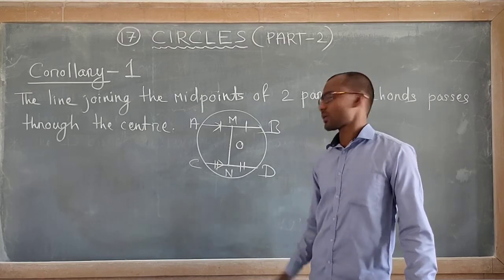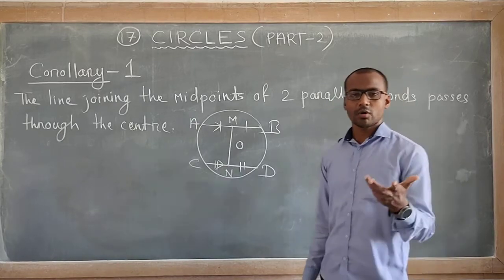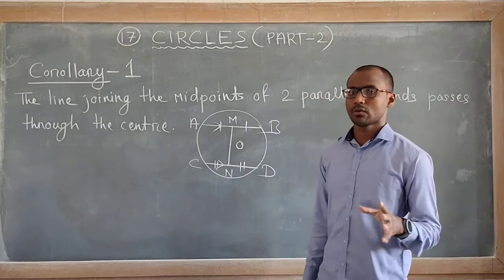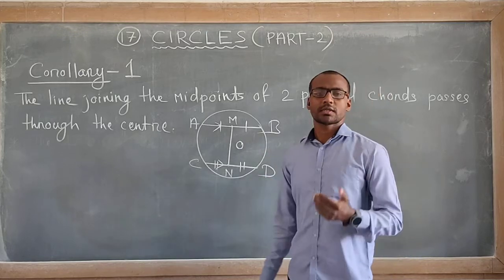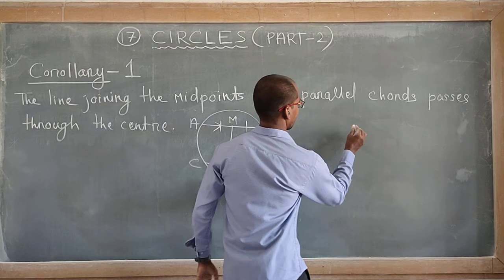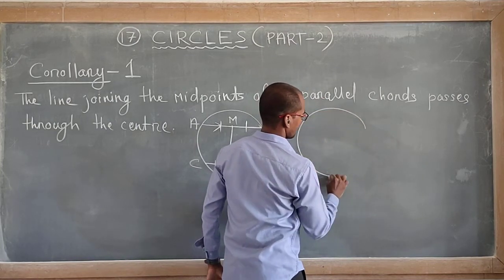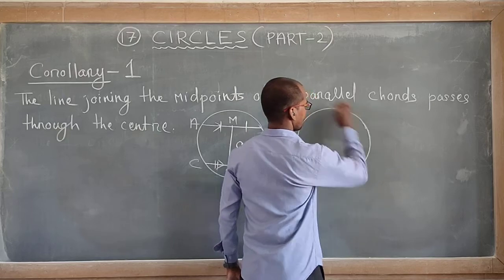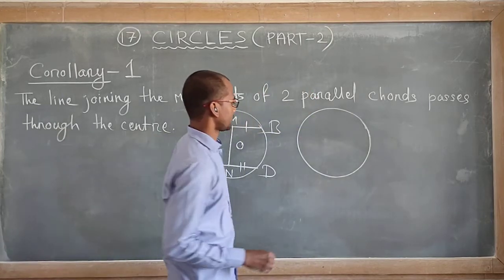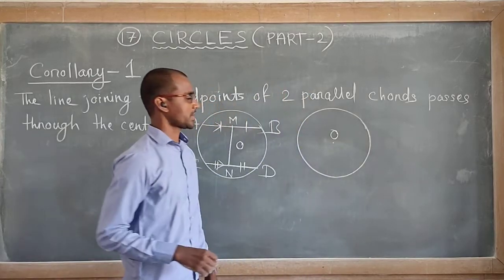Now this is the case when the two parallel chords lie on the opposite sides of the center. What if the two parallel chords lie on the same side of the center? Again we will get the same case. Let us draw. This is a circle, and O is the center of the circle.